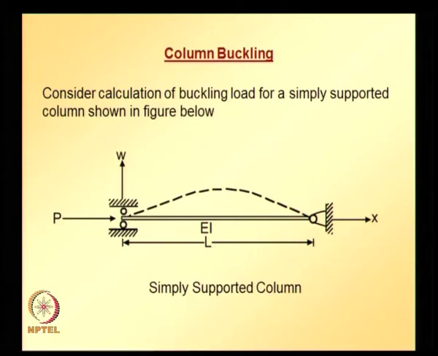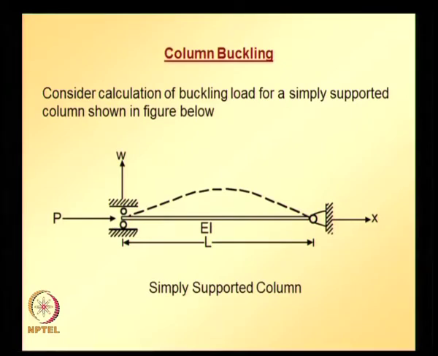So, now if you look at the governing differential equation for this particular problem, it is going to be a fourth order equation. What we will be doing is, we have the element equations corresponding to the general one dimensional boundary value problem. We will see if the differential equation for this problem can be put into a form similar to the general one dimensional boundary value problem and identify the corresponding variables, and then we can develop the element equations for this column buckling problem.